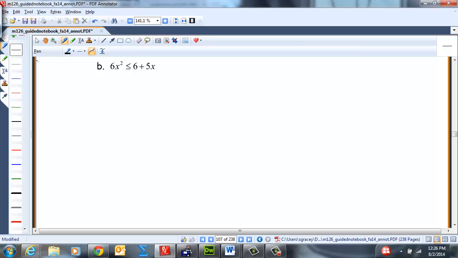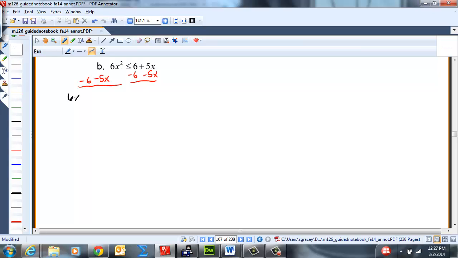So for this problem, do you see that I need to work a little with this inequality, right? Because I don't have all these terms on one side. So basically, if I subtract 6 and if I subtract 5x from both sides, and then on the left side, I'm going to be writing these in descending order.